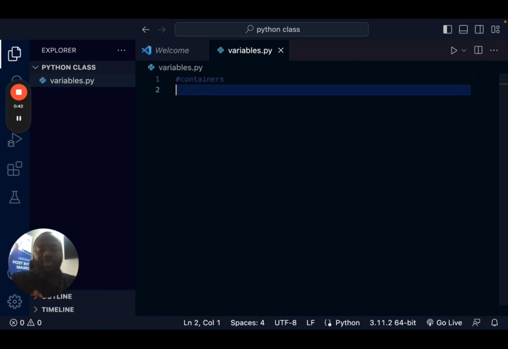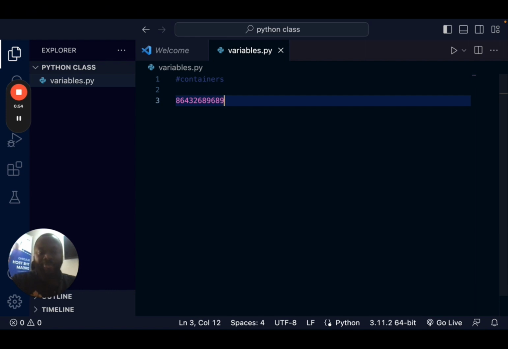Now, one of the concepts that I can use to help you understand variables very well is the concept of phone numbers. For example, let's say a friend of yours calls you with a random number for the first time, and this is how his number looks. Chances are you're going to save his number, especially if you want to call him again. Let's say Mike is equal to, and then you're going to have this number here.